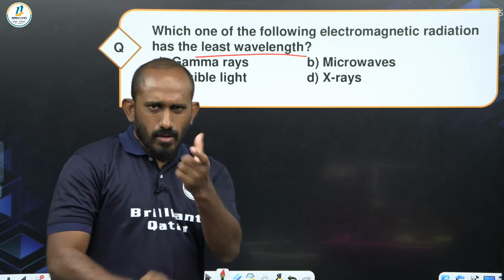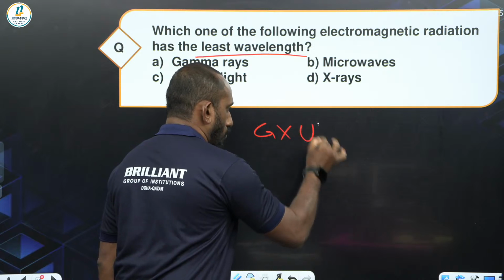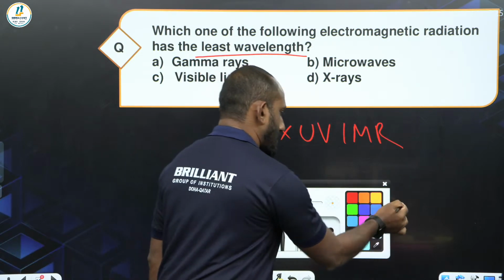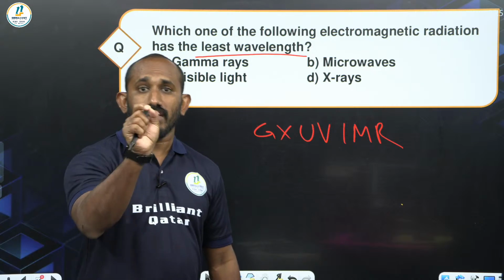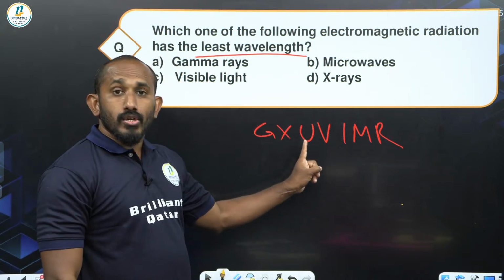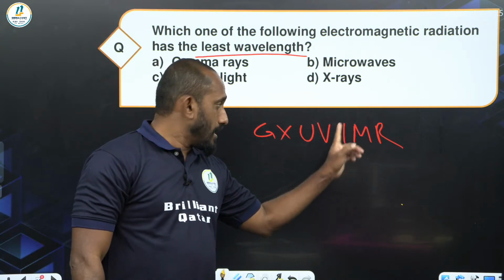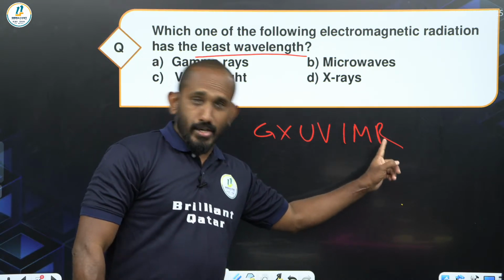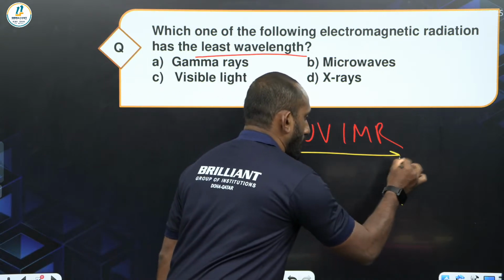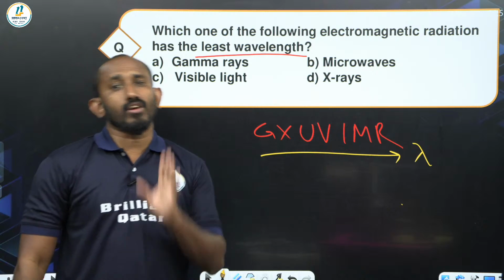One order I can suggest to you is G, X, U, V, I, M, R. It's not a code at all, just the first letters of each wave: G for gamma rays, X for X-rays, U for ultraviolet, V for visible light, I for infrared, M for microwave, R for radio wave. This is the order of increasing wavelength lambda, the ascending order of wavelength.